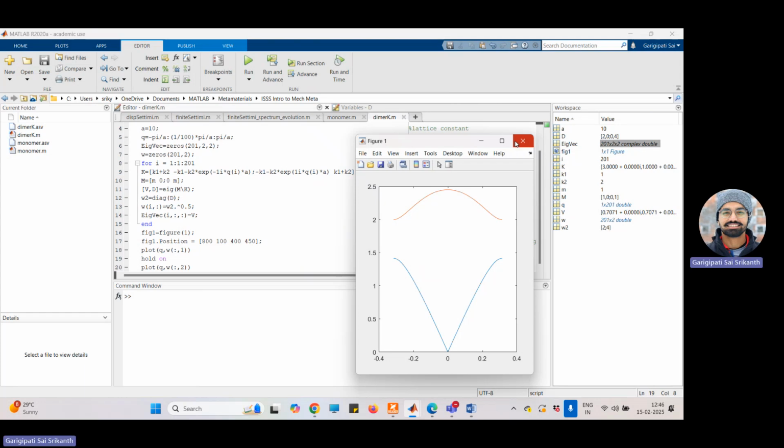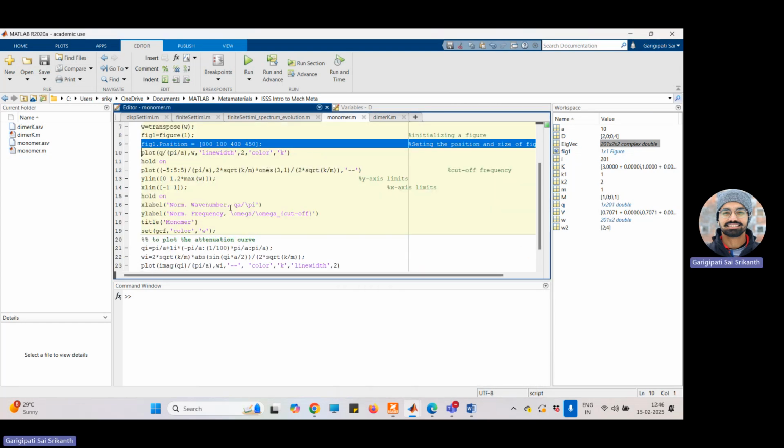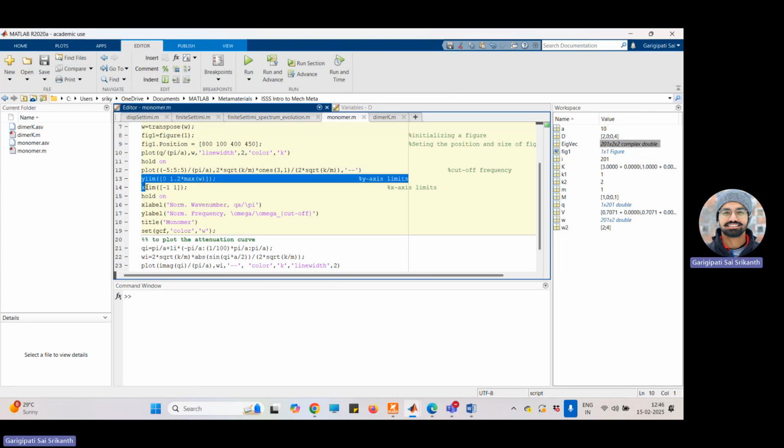Yeah, this is exactly what we got. Then let's make some changes, beginning with some of the things that we did here: Y limits, X limits.